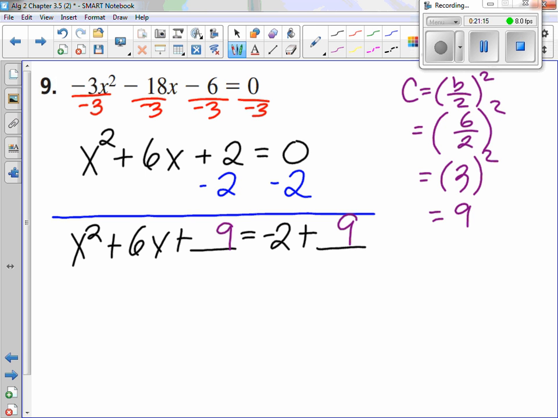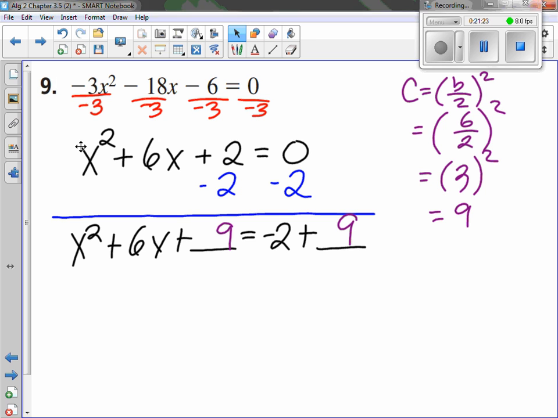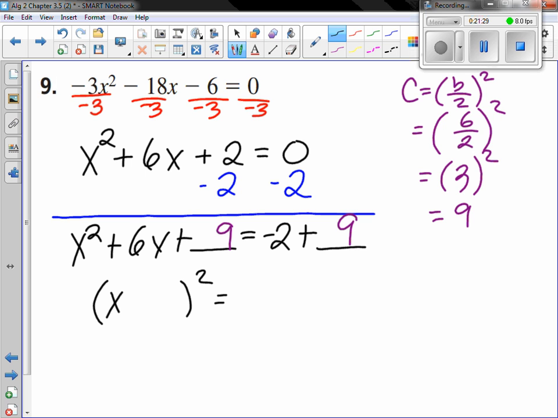Now we have a perfect square trinomial. Any questions on how we got to the perfect square trinomial? We good with this here? Okay. So what's going to go in there with x?